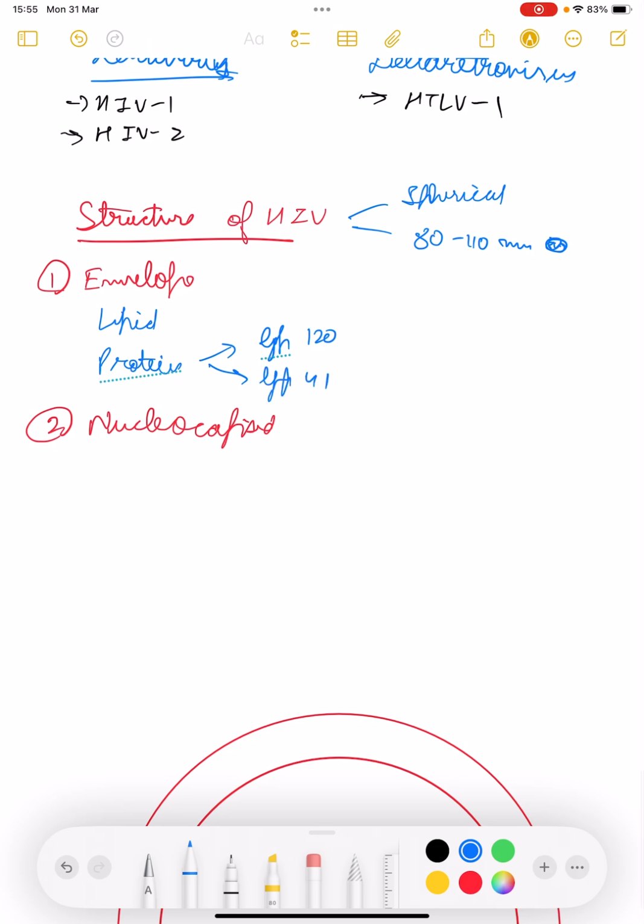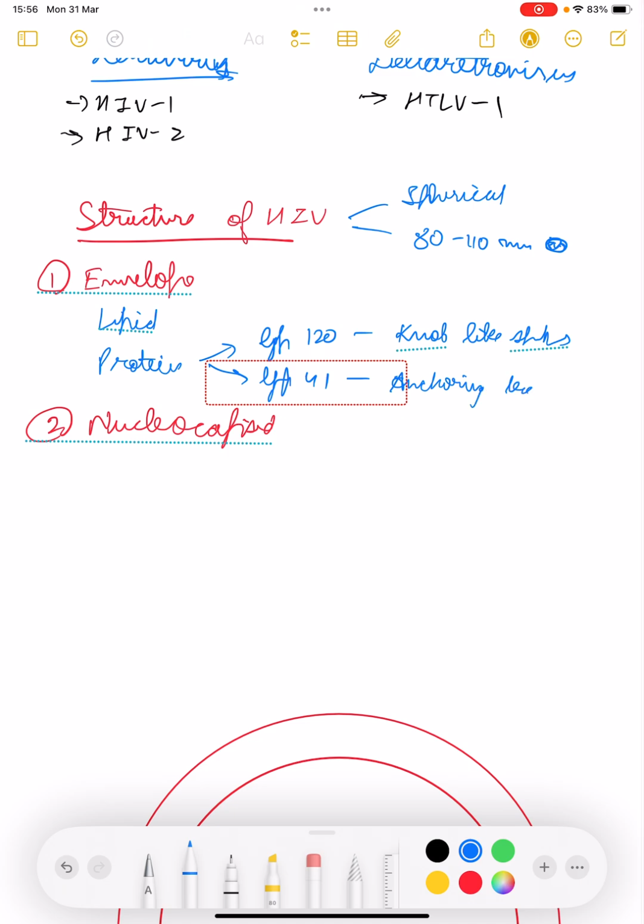The glycoprotein 120 is projected as knob-like spikes on the surface, while glycoprotein 41 forms the anchoring transmembrane pedicles.